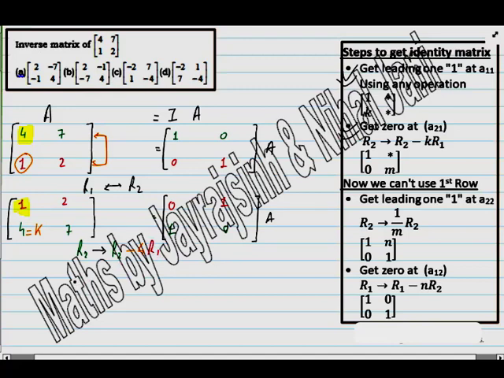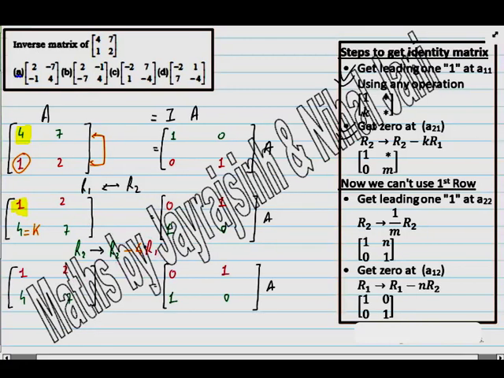So let's write down. Now multiply minus 4 to the first row and add to the second row. So 1 minus 4 is a minus 4, 2 minus 8. Same thing with the right side, 0 minus 4 is a 0 and 1 minus 4 is a minus 4.